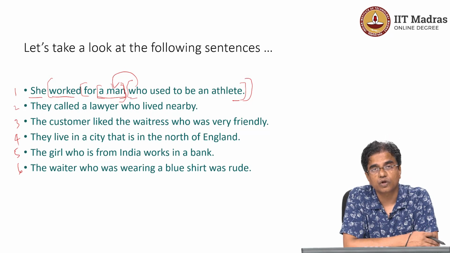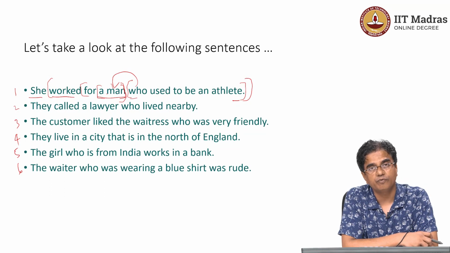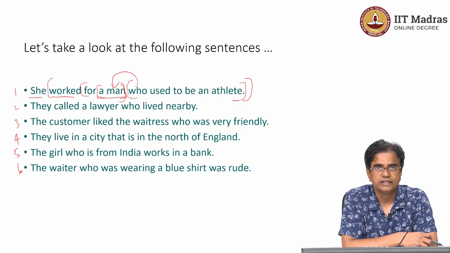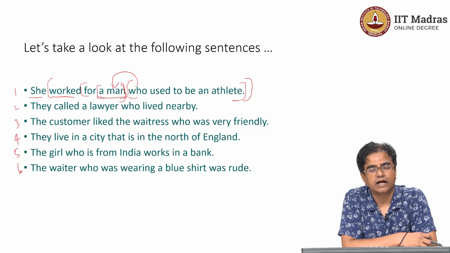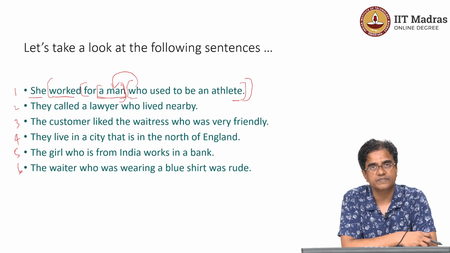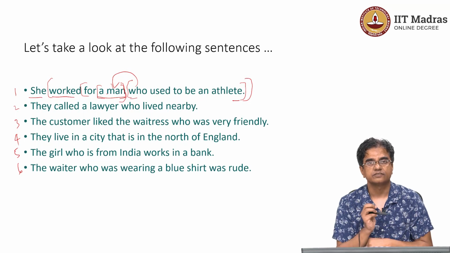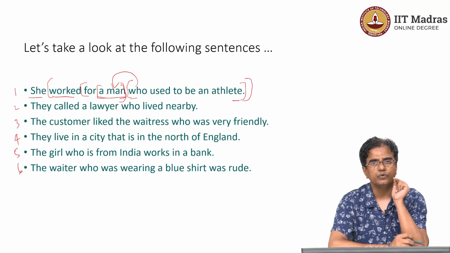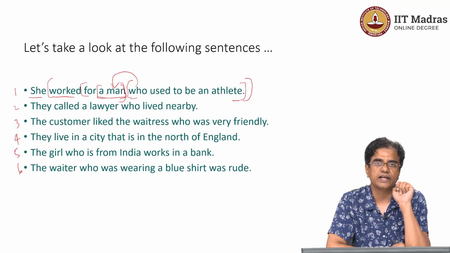So, it's a clausal modifier. A noun is being modified by an entire clause. Now remember, does this remind you of anything? Are there components of a sentence which modify nouns? You don't have to work too hard. You will come to an answer that adjectives modify a noun.